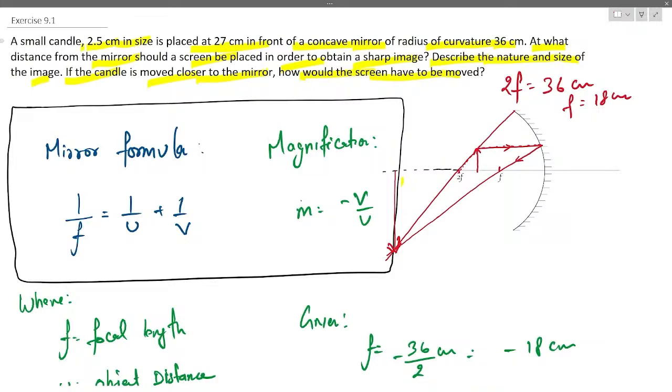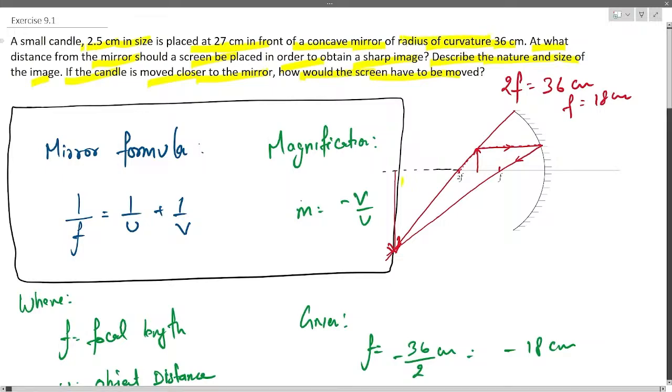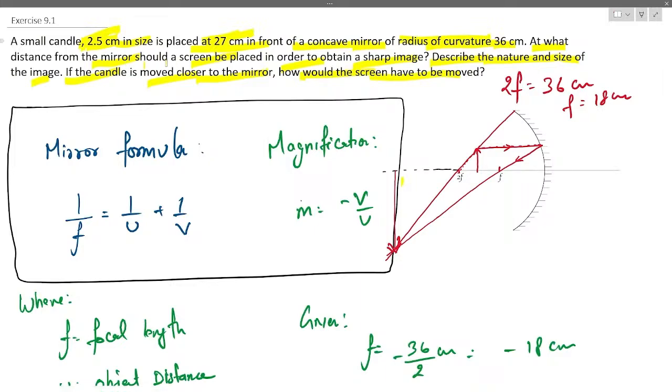So in this question, a concave mirror is given of a defined radius of curvature, and the object distance from the pole of the mirror is given, that is 27 centimeter, and the height of the object is given, that is 2.5 centimeter in size. At first we have to find out at what position the screen should be placed so that we can obtain the sharp image.